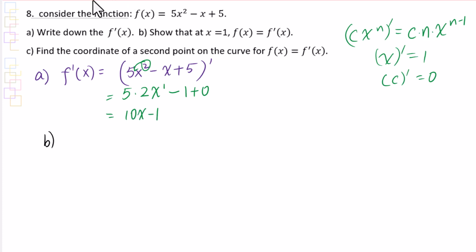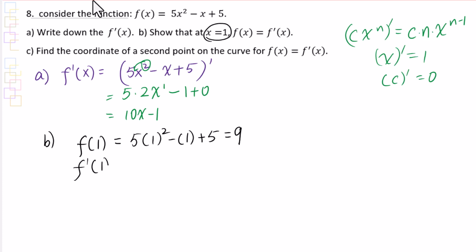Let's go to B. Show that at x equals 1, f of x equals f prime of x. f of 1 equals, we do the substitution for f of x. Every single x changes into 1. 5 times 1 squared minus 1 plus 5 equals 9. f prime of 1.